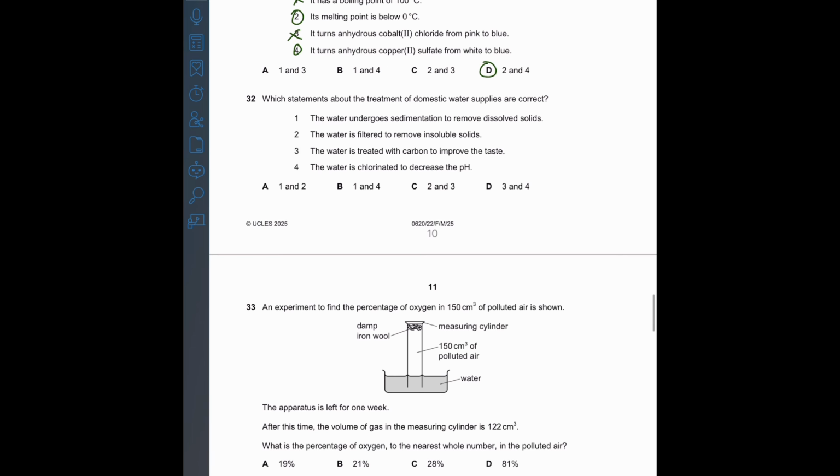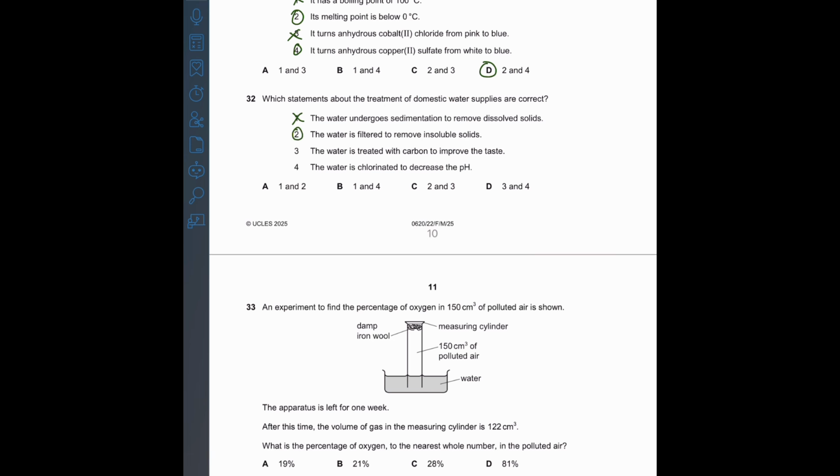Question number 32. Which statements about the treatment of domestic water supplies are correct? Again, we need to check some statements. Statement 1 states the water undergoes sedimentation to remove dissolved solids. No, insoluble solids, not dissolved. So 1 is wrong. 2. The water is filtered to remove insoluble solids. Yes, you use filtration to remove the insoluble parts.